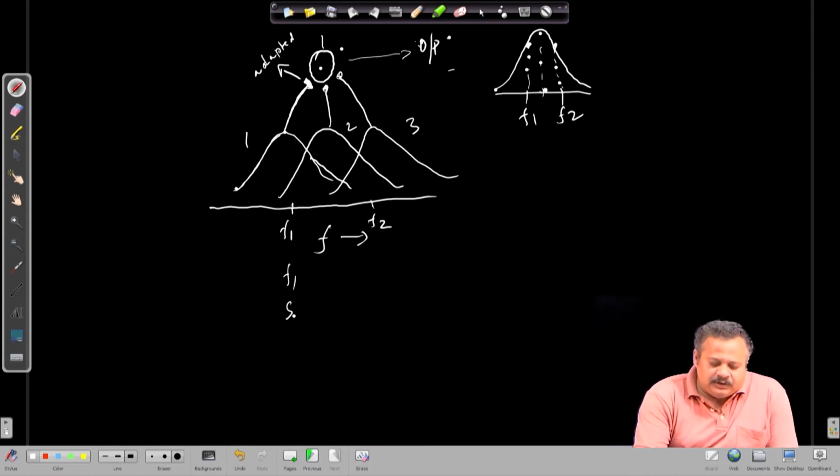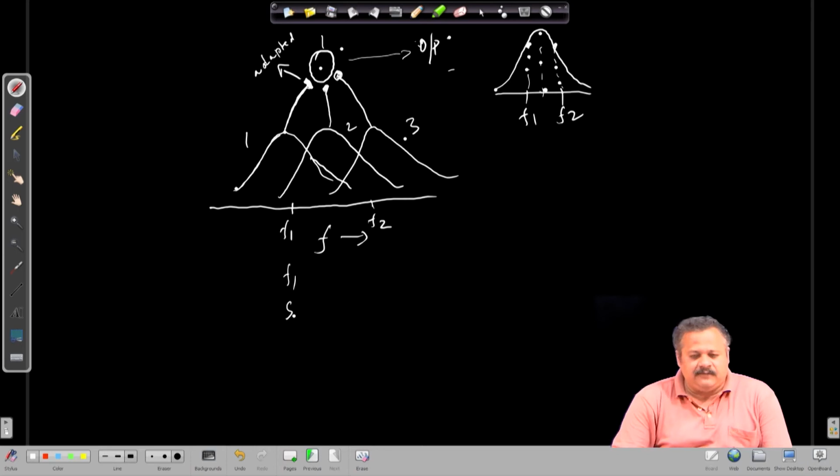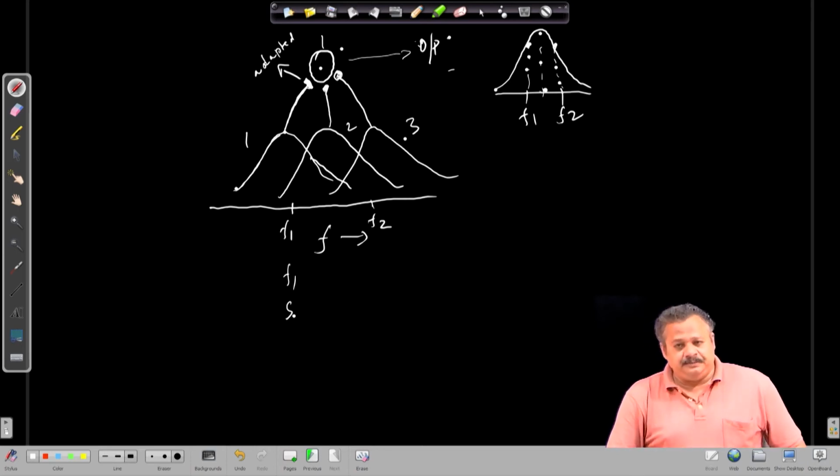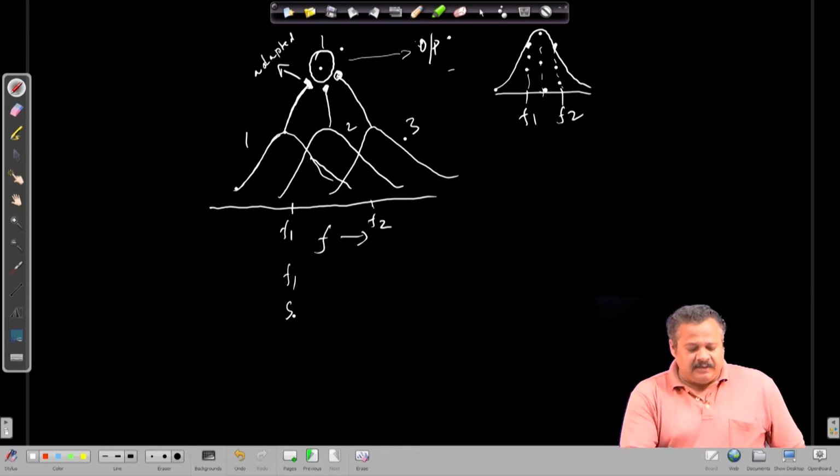And also maybe this synapse also gets adapted. However, because this third neuron is not at all activated by F1, this synapse is totally untouched. So, this is totally unadapted.